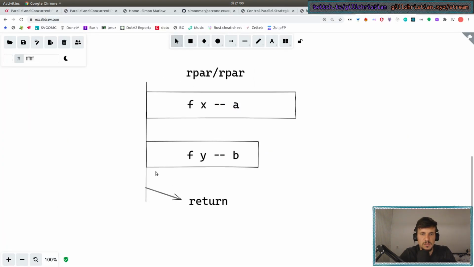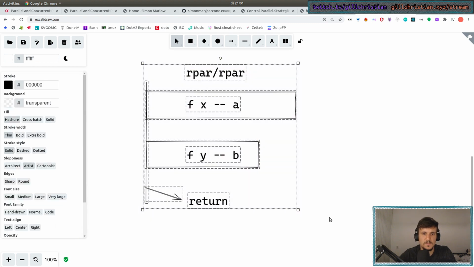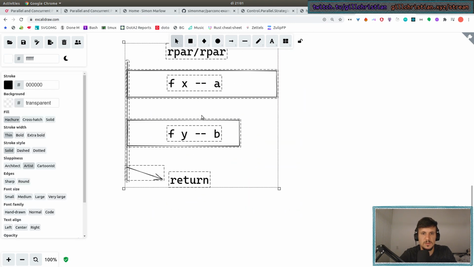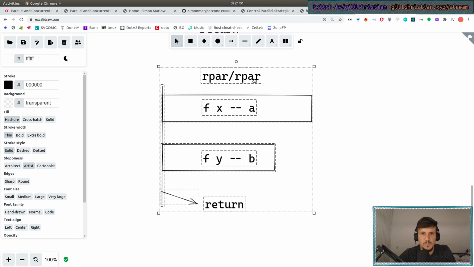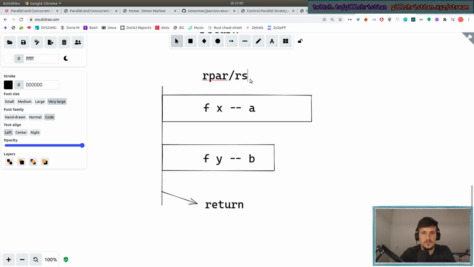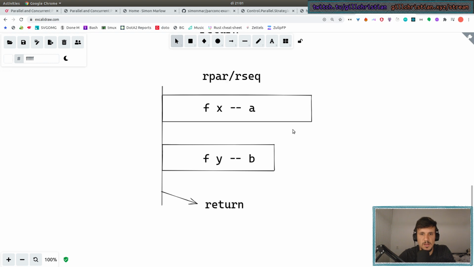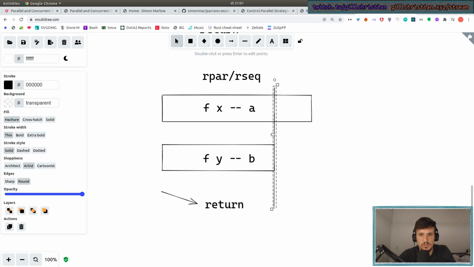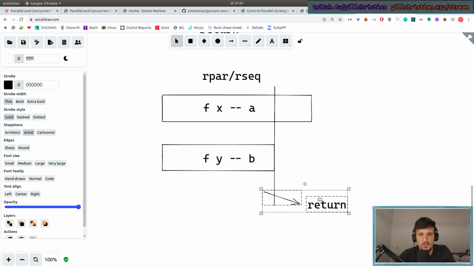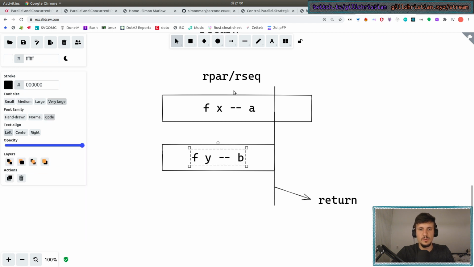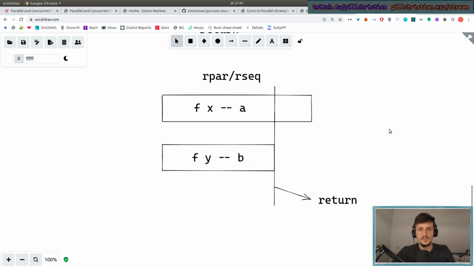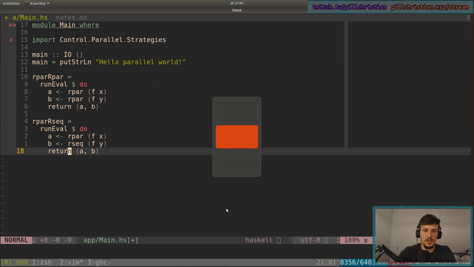So what happens here, copy this, is that the line with the return moves here. Because this is evaluated in parallel and this is evaluated sequentially. So it will wait for this one to finish evaluation, and then it will return.